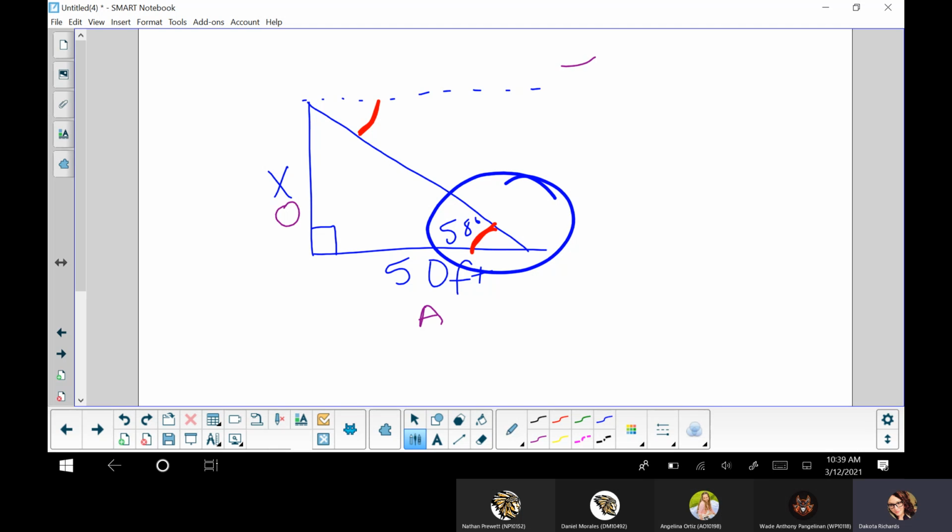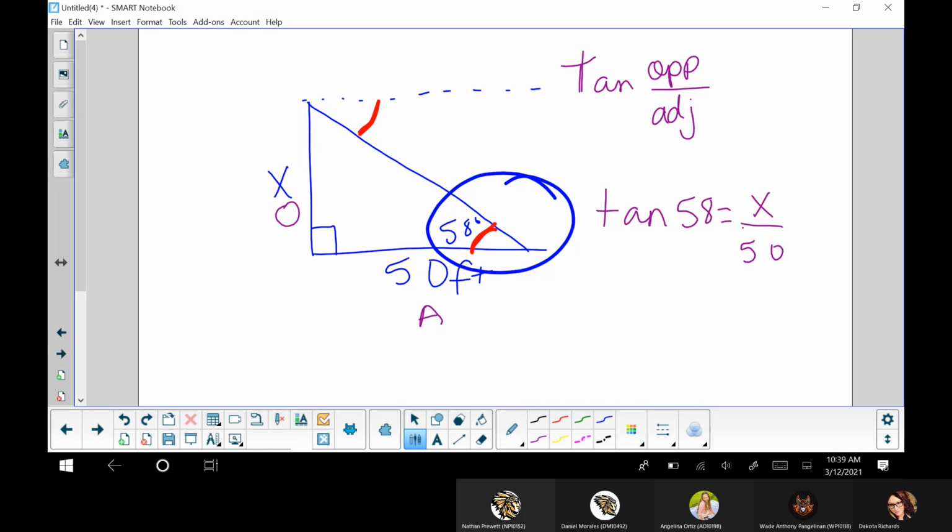So the tangent ratio is opposite over adjacent. So the tangent of 58 degrees equals opposite, which is our X, over adjacent, which was that 50 feet.